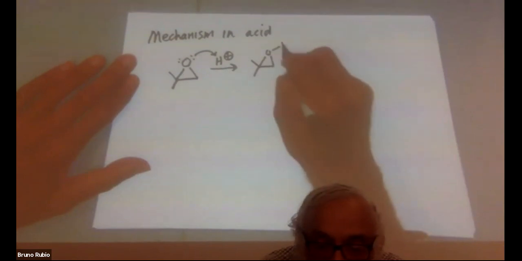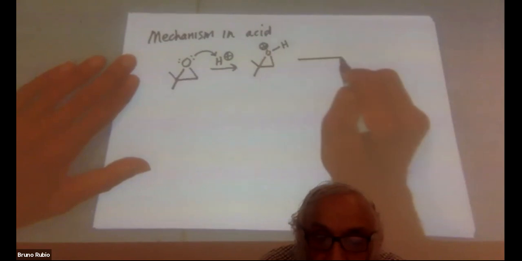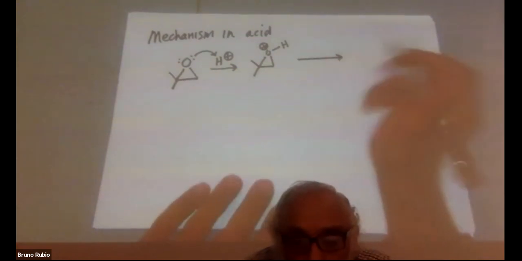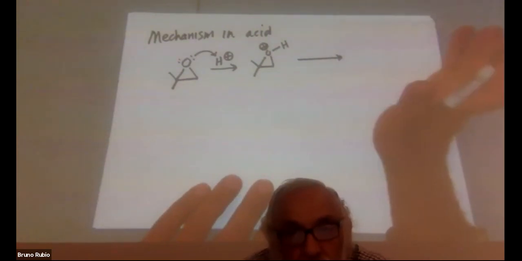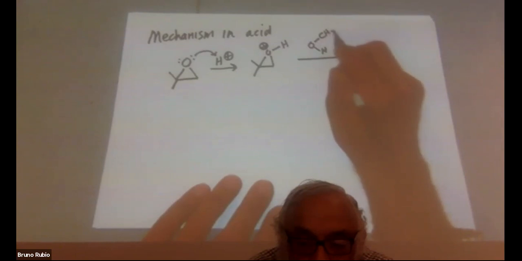We get this oxonium ion. And now the nucleophile, I'm going to just demonstrate with methanol, right? That's a nucleophile in acid.